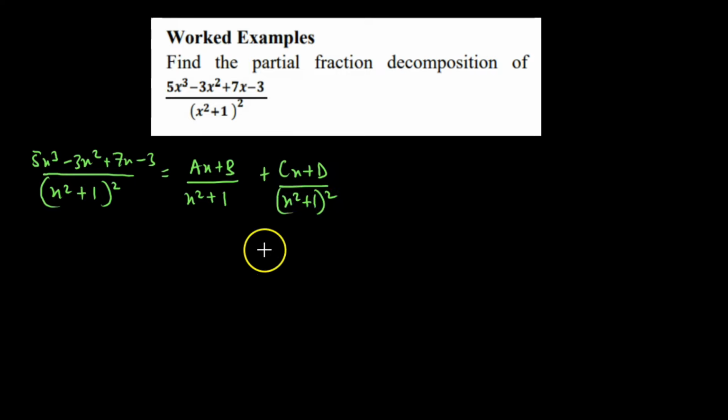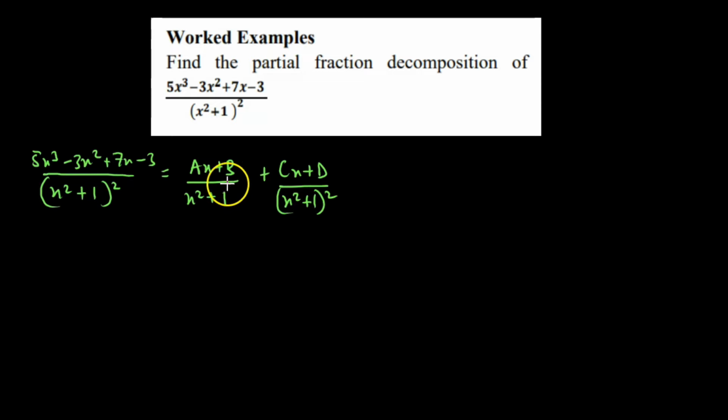So we write the partial fraction straight ahead, which will give us ax plus b all over that factor, which is x squared plus 1. Then plus writing the repeated factor for that, that will give me cx plus d all on x squared plus 1 all squared. So this is what we have.